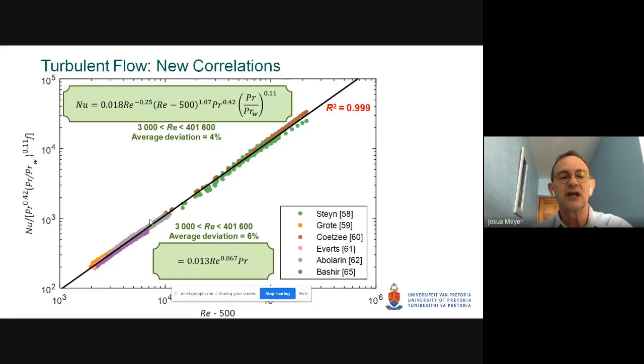But if you don't want to do it like me, then you can use this bottom equation, which says the Nusselt number is equal to 0.13 multiplied by the Reynolds number to the power 0.867 multiplied by the Prandtl number. The average deviation of that equation is 6%, so it is still very close to the uncertainty of our experiments, which was 5%. If I need to do a quick calculation, I would prefer to use that equation. Next slide, please.